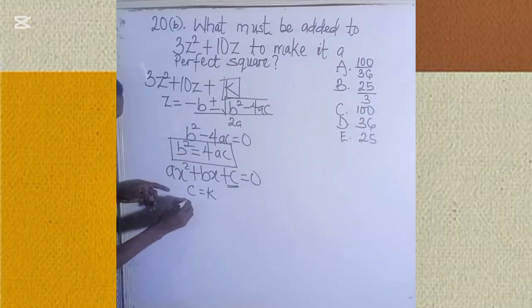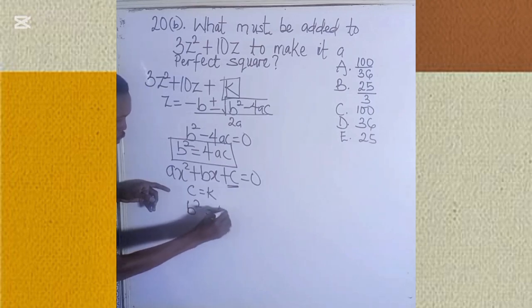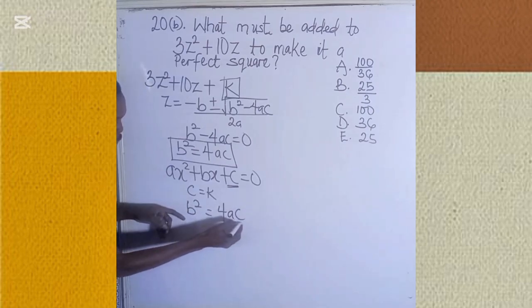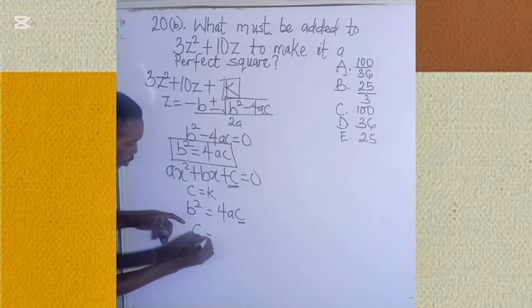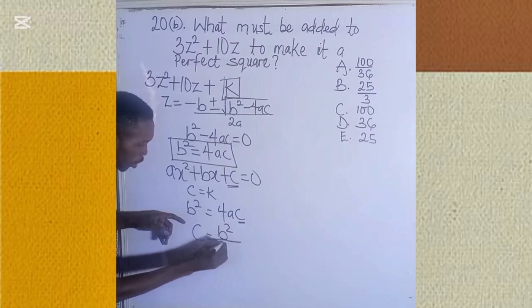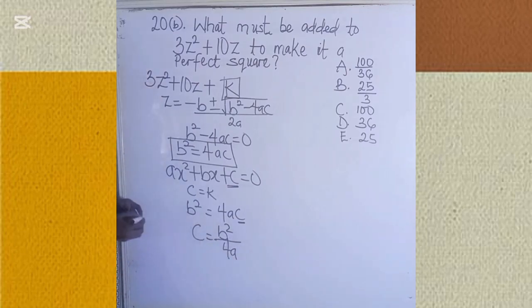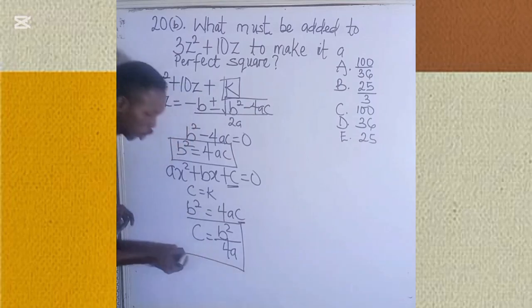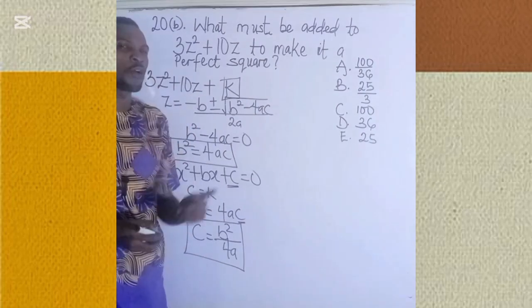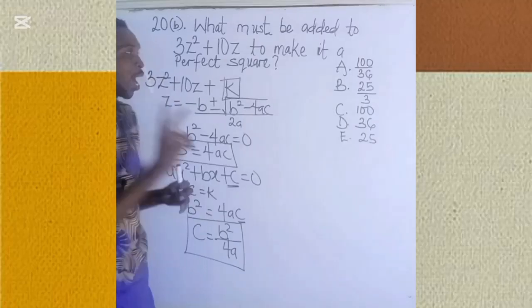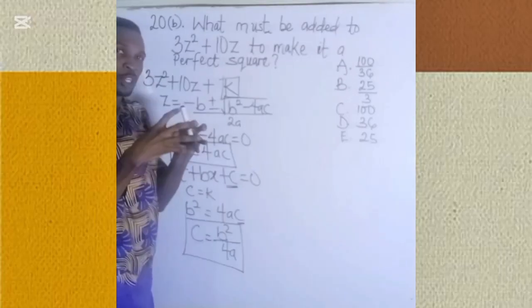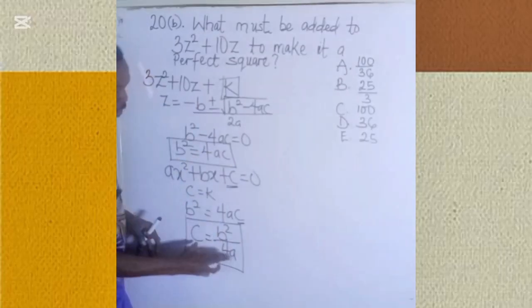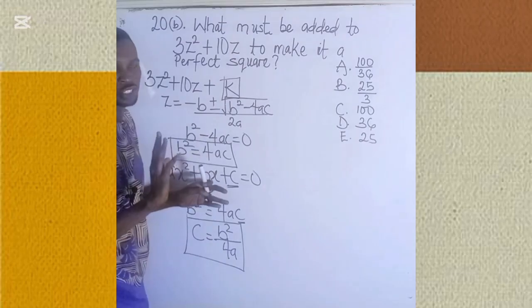We said b squared is equal to 4ac, and c is the constant I want to find. So c is equal to b squared divided by 4a. For any question where you are asked to find the term that must be added to a quadratic expression to make it a perfect square, this formula will work magic for you.